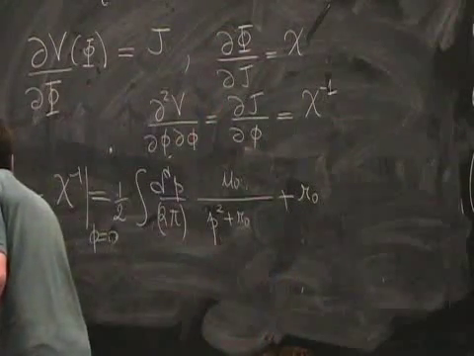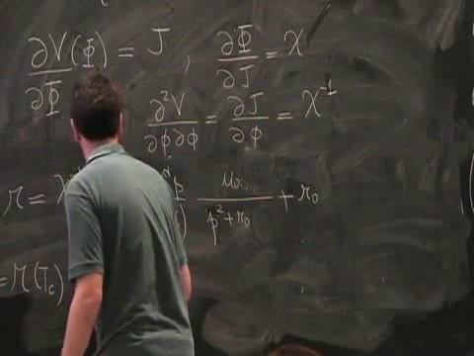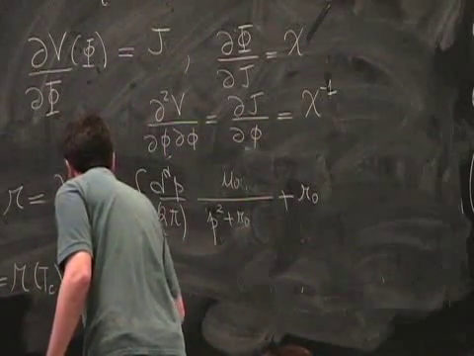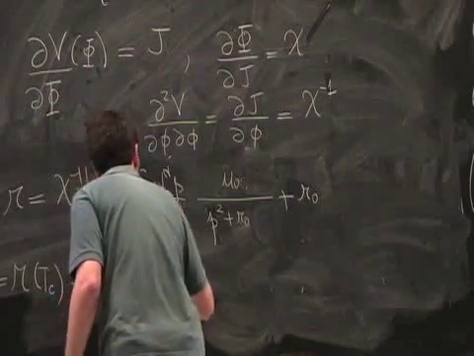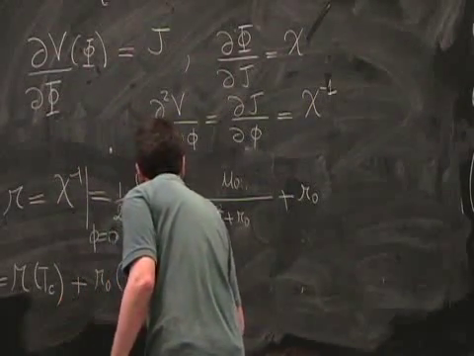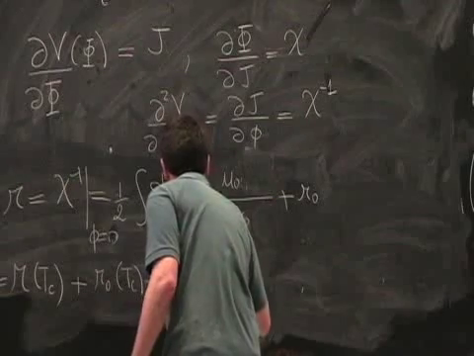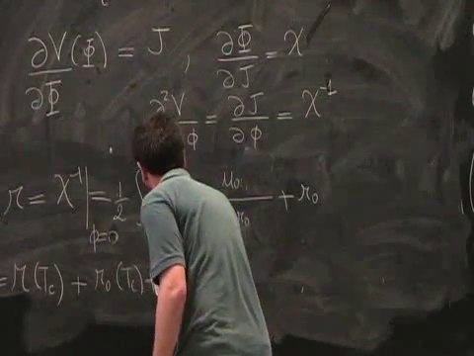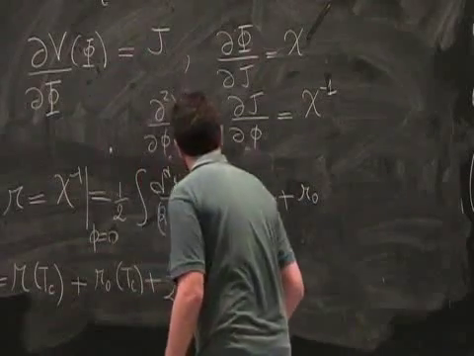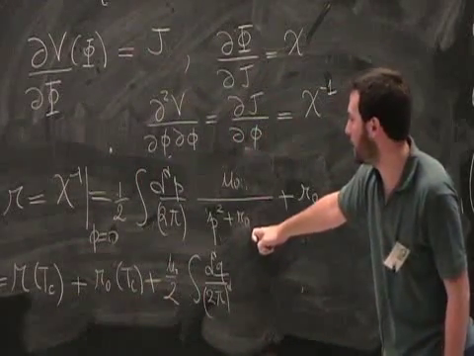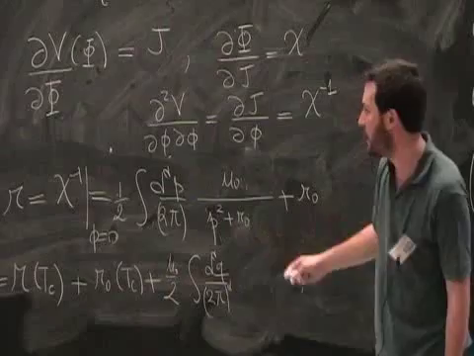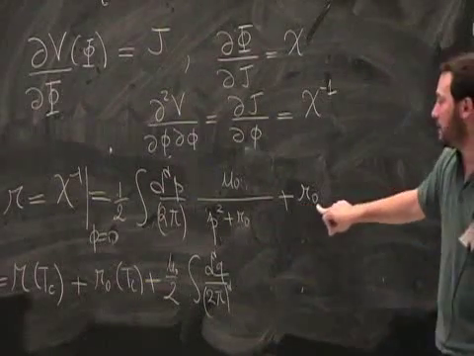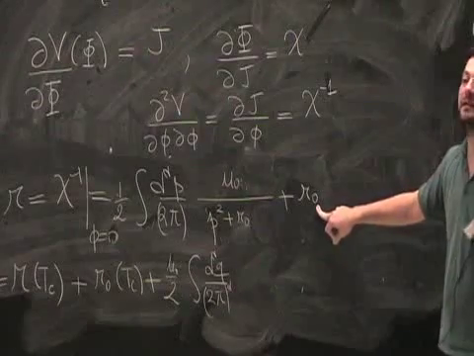So plus R0 plus, and here, in this term, I can put simply 0 because at mean field, R0 is 0 at TC.